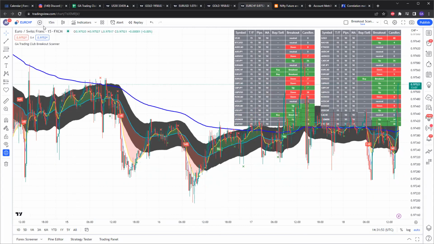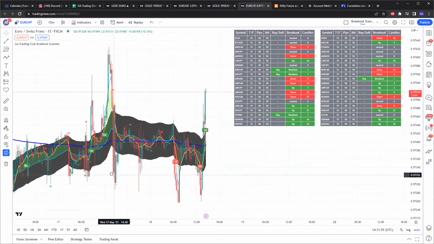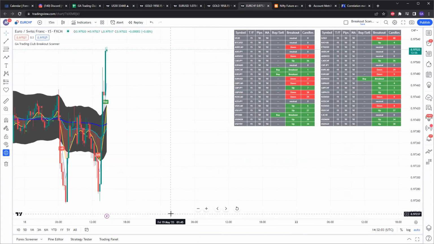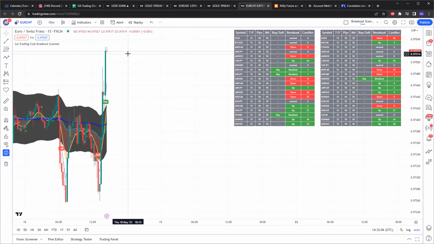I don't see any relevant structure to the left. So this buy would make sense for me on Euro CHF. However, because of how these pairs move, a 40 pip stop loss from here would be 119, which is somewhere here. So yes, this Euro CHF would be a valid buy to me.